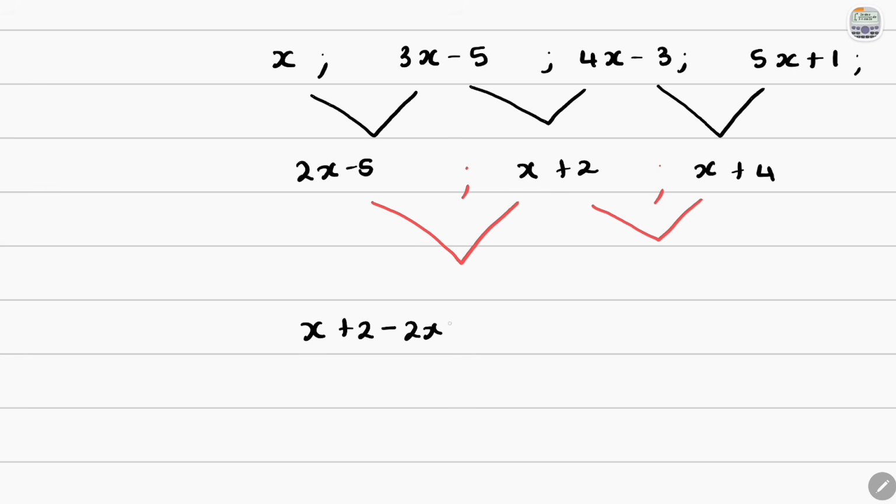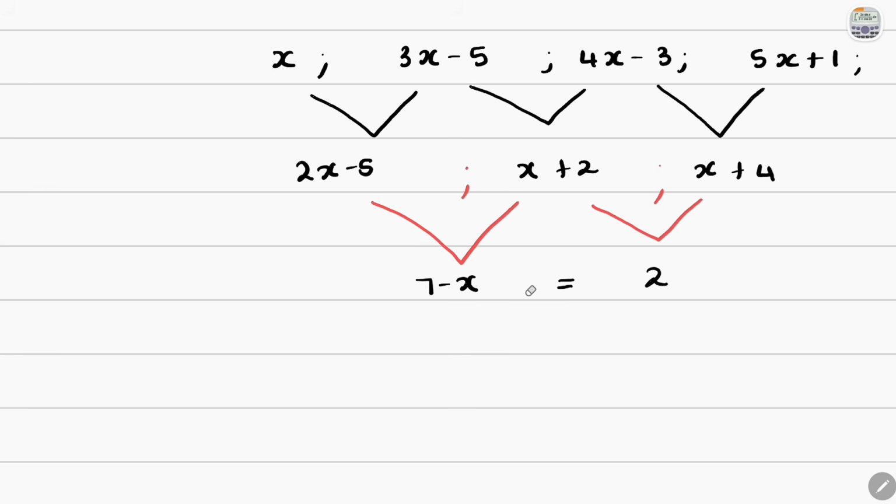So that's minus 2x, and then minus negative 5 becomes plus 5. So we'll have negative x, and then 2 plus 5 is a 7. So 7 minus x is what we have there. And here we're saying x plus 4 minus x minus 2. So you see how the x's cancel, and 4 minus 2 is 2.